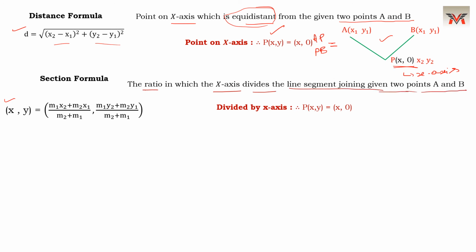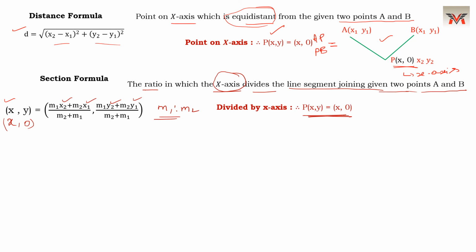Therefore here, as it is x-axis divides, we have to take the point which divides the line segment as x comma 0, similar to the previous one, and the formula to be used is section formula, direct application of this point x comma 0, then substituting the values of x2, x1, y2, y1, and then finding the ratio m1 is to m2.